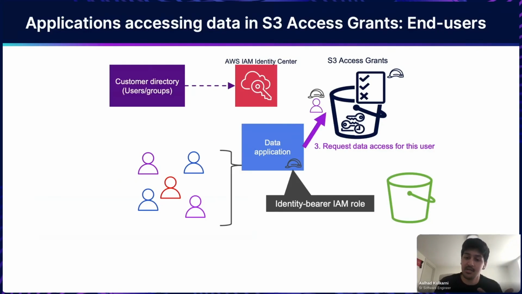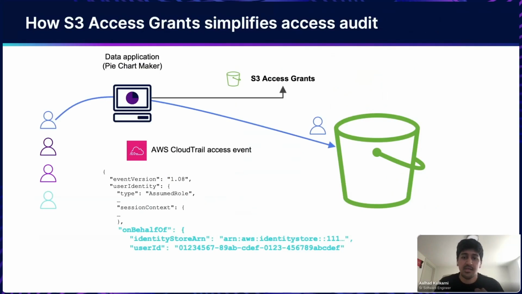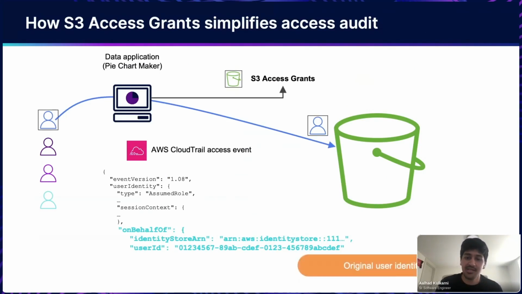You call an identity bearer role, and then you can use those temporary credentials to talk to the S3 bucket. That way, S3 Access Grants now supports end user identities as well. We also simplify the audit part of this, which was challenge number 3, right? You'll notice in the CloudTrail event, we have something called an on behalf of field, which now talks about the original user identity.